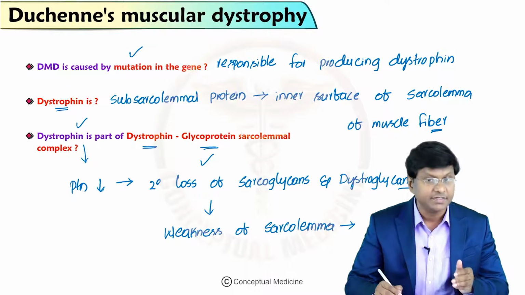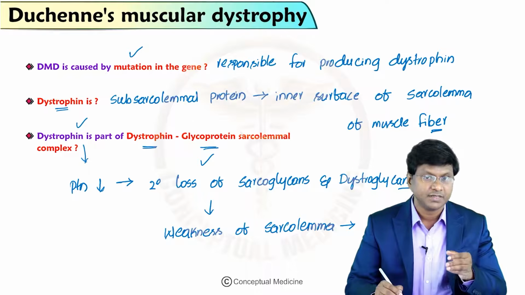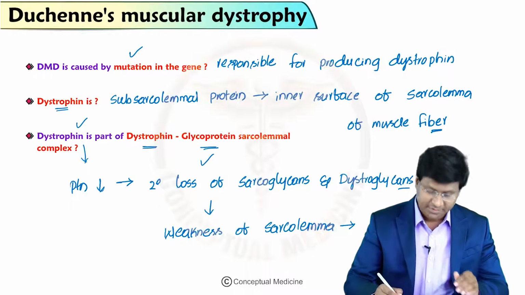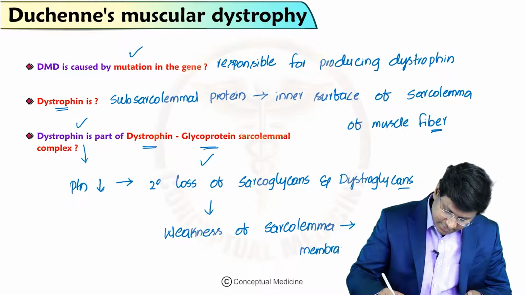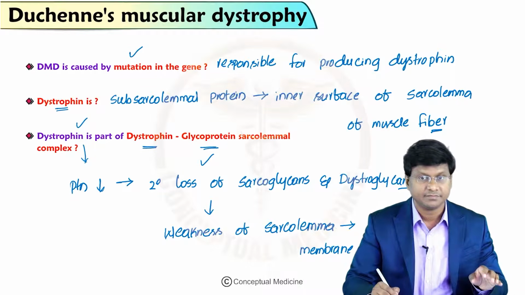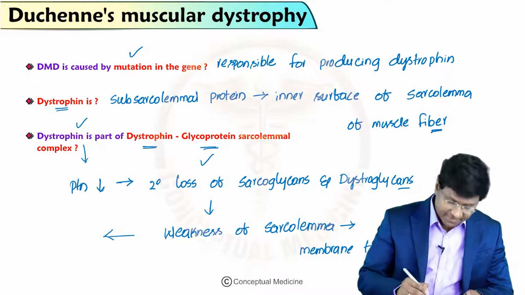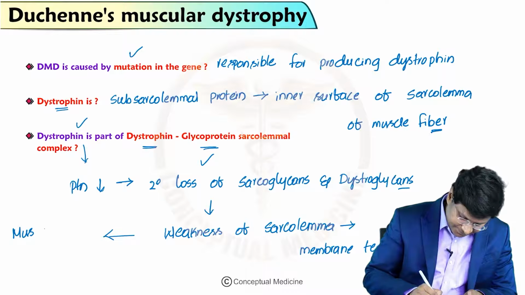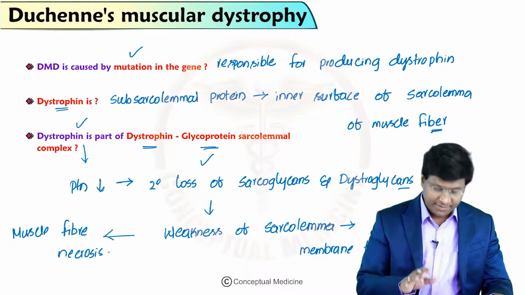And the sarcolemma is what? It is the muscle membrane, right? So because of weakness of the sarcolemma, there will be membrane tears, right? There will be tears within the membrane, and subsequently there will also be muscle fiber necrosis.